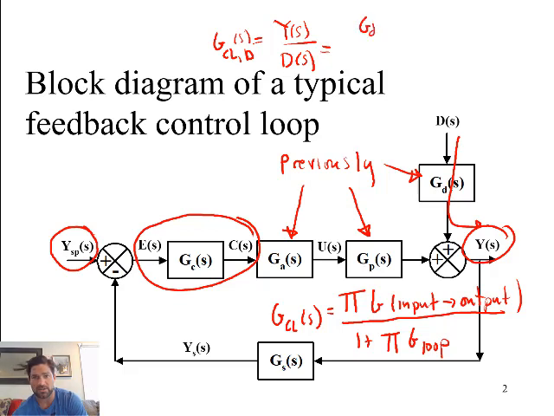So this is just going to be GD, the transfer function of the disturbance, over 1 plus the product of the transfer functions of the loop. The loop is shown here: GC, GA, GP times GS.